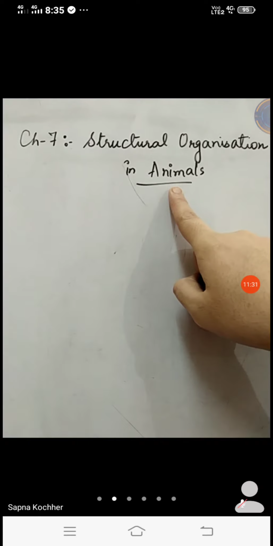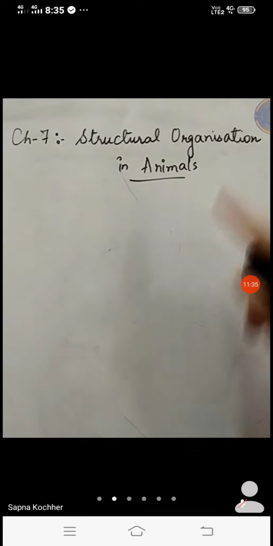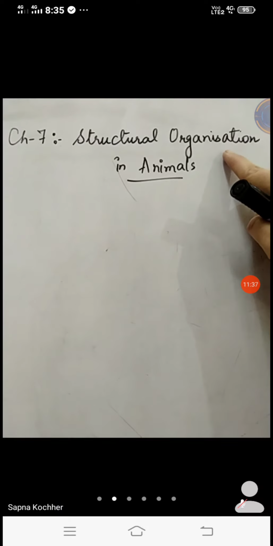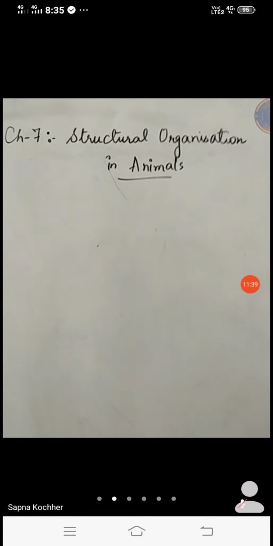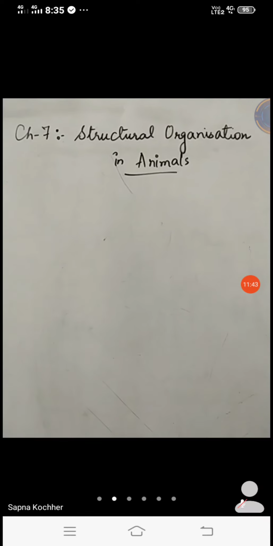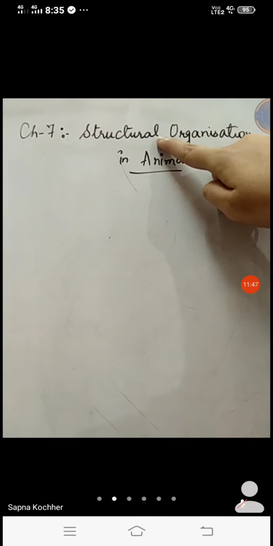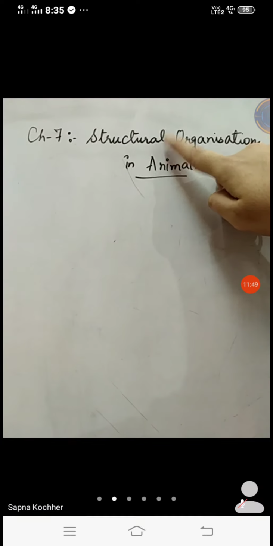We all know that living organisms show cellular levels of organization. Whenever we come to this concept, we always say that there are cellular levels of organization which are responsible for the structure as well as the functions, that is, the physiology, of all living organisms.